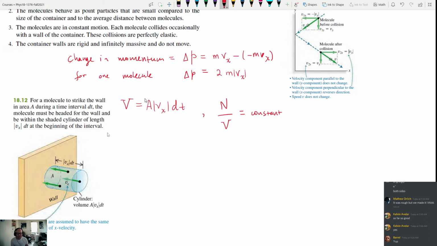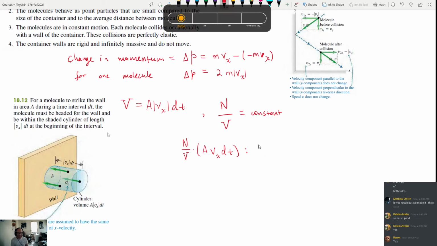So if we take this and multiply by the volume, it should give us the number of molecules. This should give me the actual number of molecules that are going to collide with the wall during this time.